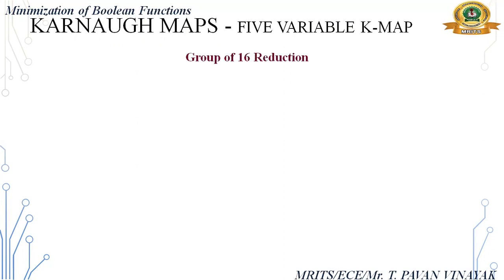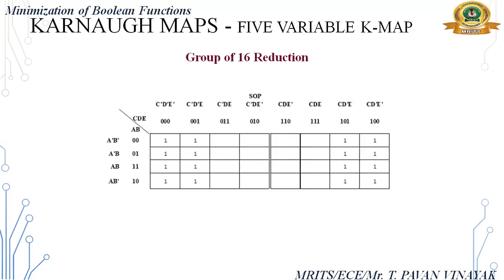Groups of 16 possible in 5 variables are a total of 10 possibles. Out of 10, I am showing some of them. Let us see. This is one possible 16. See, here 8 ones are available, here 8 ones are available, but those two parts are reflections.